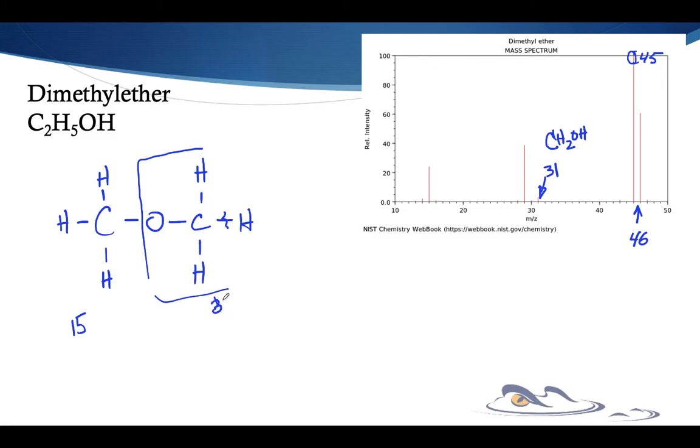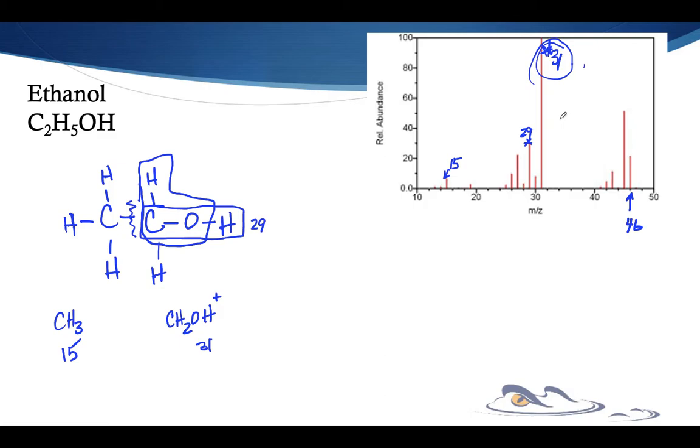But you'll notice that that is not an overly prevalent peak, is it? And so that is one way that I can use as a clue to distinguish between these 2 different molecules. I can learn from experience and say, hey, when it's an alcohol, I tend to get this big peak at 31.